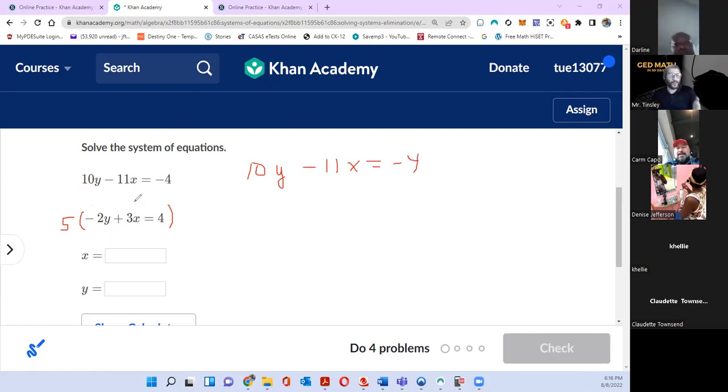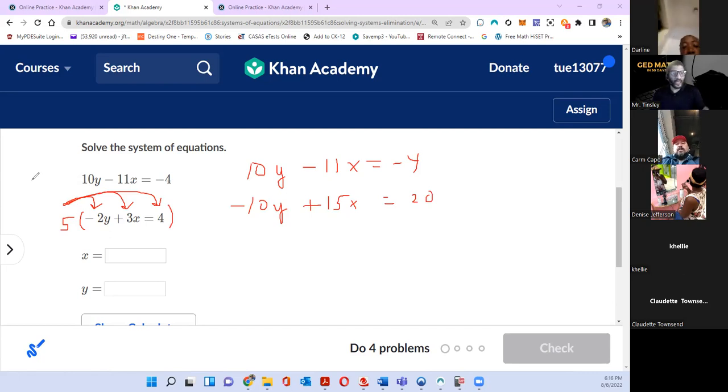And then we got to distribute that 5. 5 times negative 2y is a negative 10y. 5 times 3x is what? 15x. And what is 5 times 4? 20.